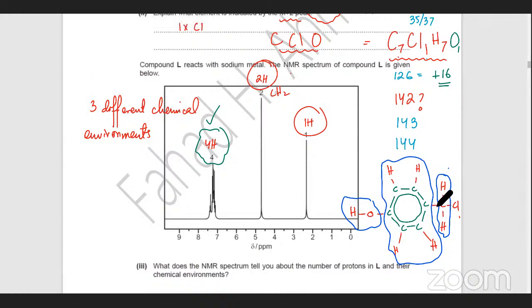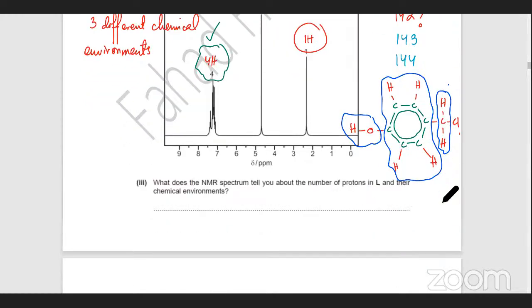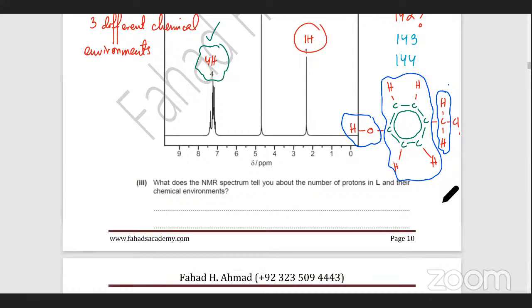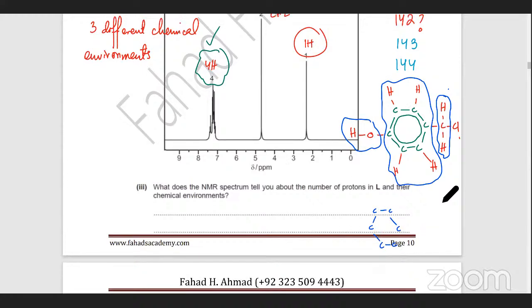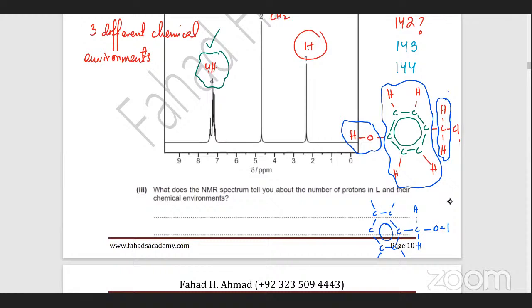But this is not the only arrangement that's possible. You could have a different arrangement as well. For example, you could have a benzene in the middle, and those four hydrogens over here, and a CH2, and instead the OH is over here, and the Cl is attached to this vacant carbon atom.